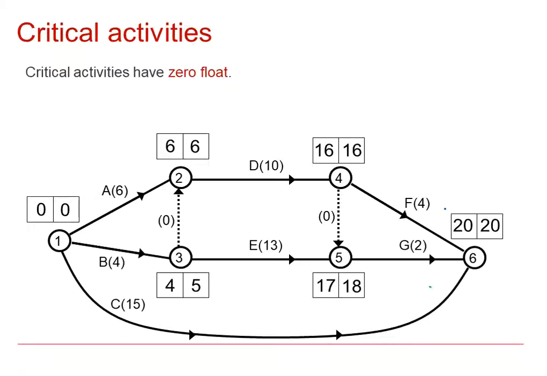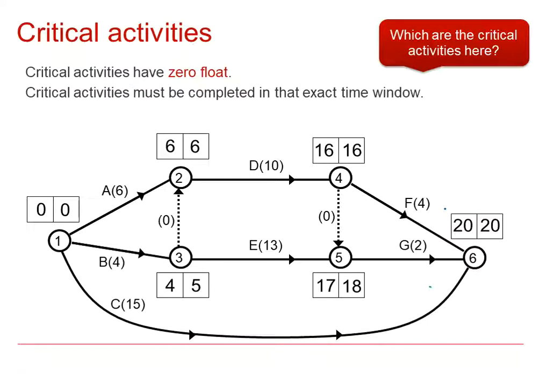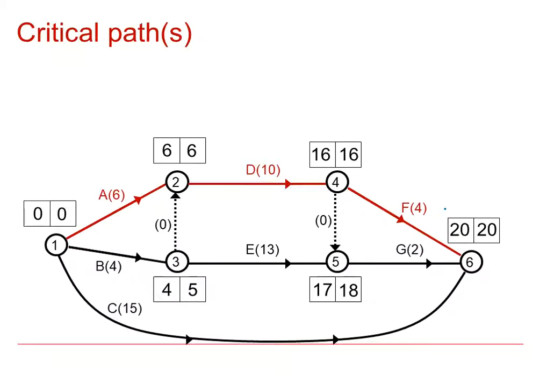So critical activities have 0 float, and we've just seen that A is critical, D is critical, and F is critical. They must be completed on time. Any delay in A or D or F will delay the project, and therefore they are the critical activities, and ADF is the critical path.